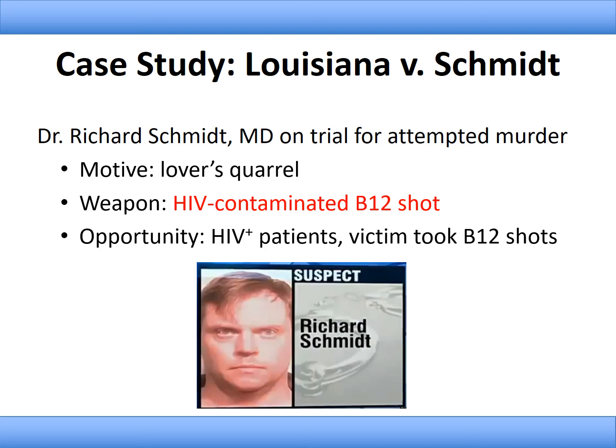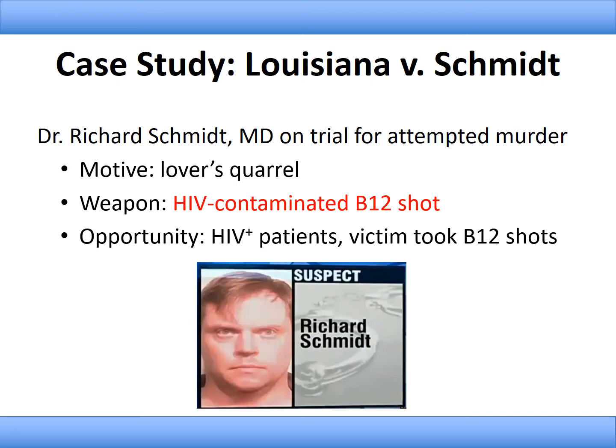But what was suspicious about this particular potentially contaminated B12 shot that supposedly was the attempted murder weapon was that he had a patient, an HIV positive patient, whose blood had been drawn the same day that he injected his girlfriend in this weird way when she was asleep. And that patient's blood work mysteriously disappeared.